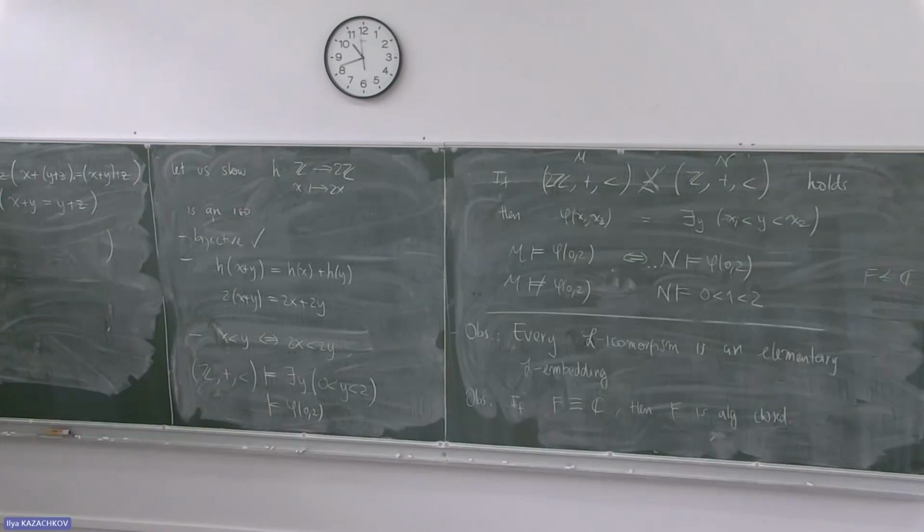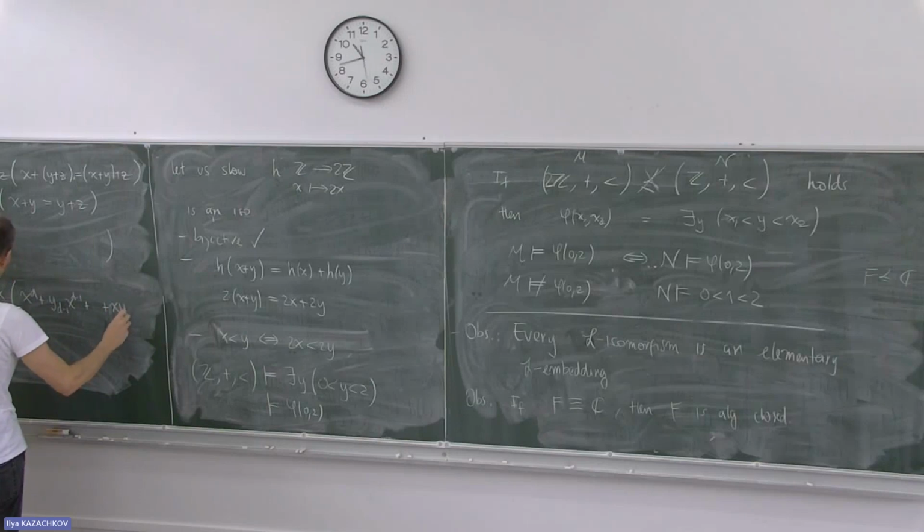For every y1 up to for every y_{d-1}, there has to be an x such that x^d + y_{d-1} x^{d-1} + ... up to, oh, I actually need to start with 0 here, y1 x + y0 equals 0. Let me write this formula as the formula psi d.